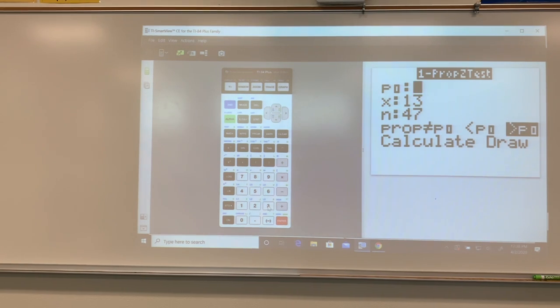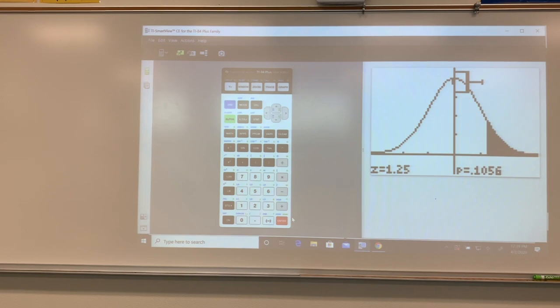In this case, p null is 0.2. 20% is our anticipated assumption of all alcohol and drug-related car crashes. Our sample was 25 out of 100. Not too much bigger than 20%, but is it enough to say we have a bigger problem than the rest of the nation? Greater than is fine. We click Draw, and there's the answer. That is a quicker way of doing what I wrote out, but you still want to write it out as if you're doing it by hand.